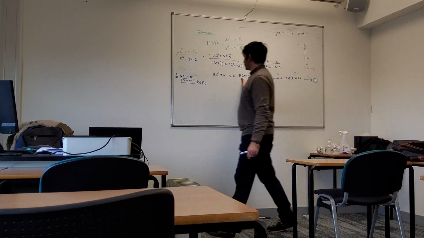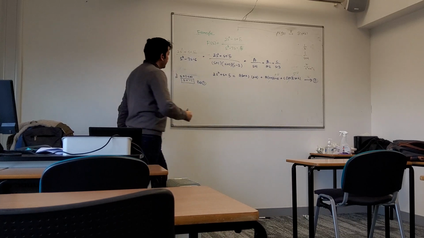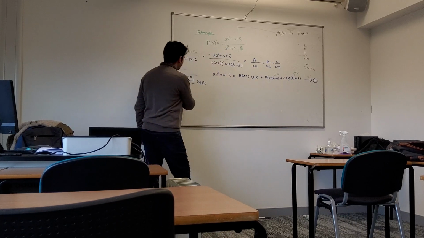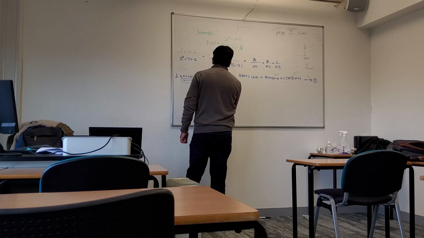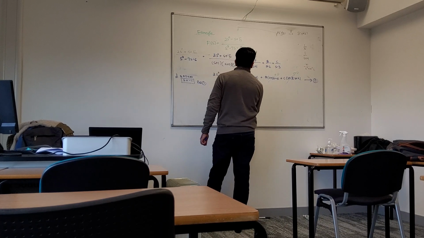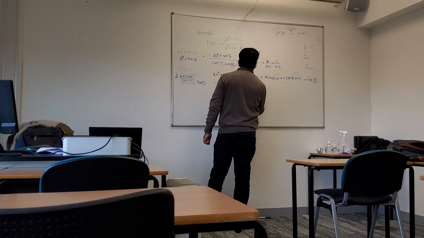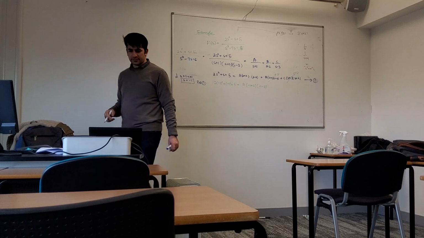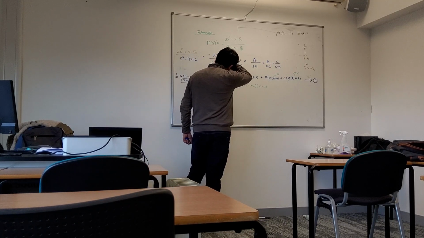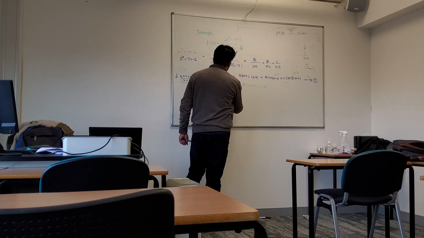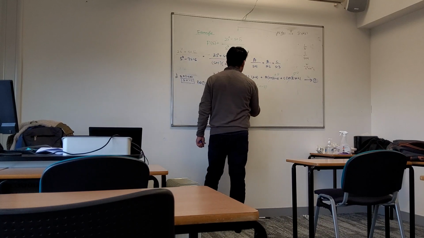Only this one is left. Now I can put s equals -1. So 2 into -1 squared plus -1 plus 5 equals a into -1 plus 2, -1 minus 3. If we solve it, 2 minus 1 plus 5 equals -1.